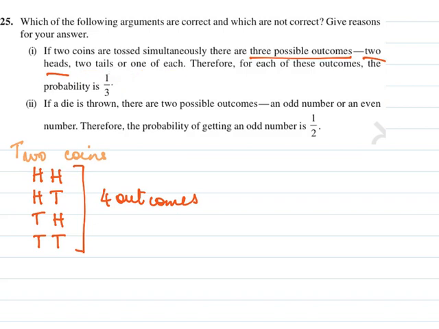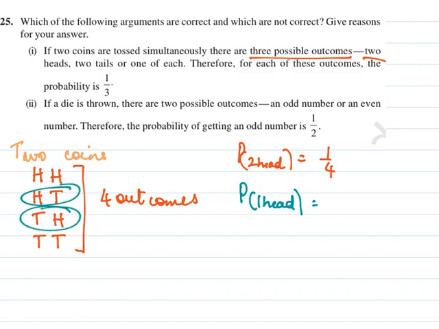No, that's not right, because we have seen the probability of getting 2 heads is here 1 by 4. Then the probability of getting just 1 head, this is 1 head and this is 1 head, that is 2 by 4, 1 by 2.